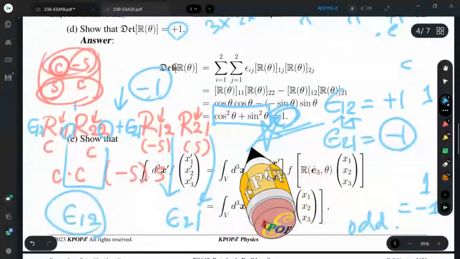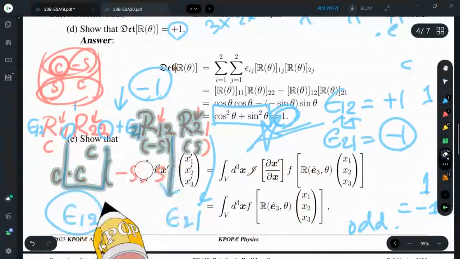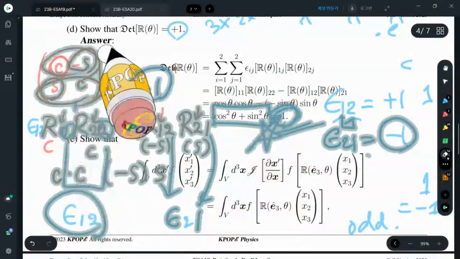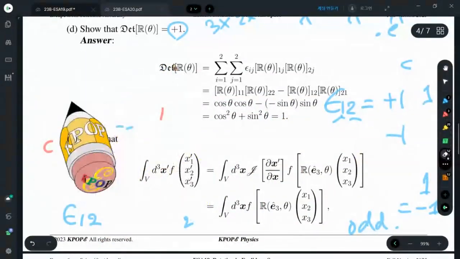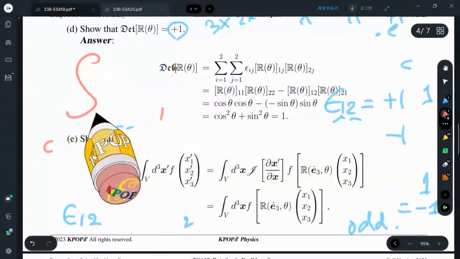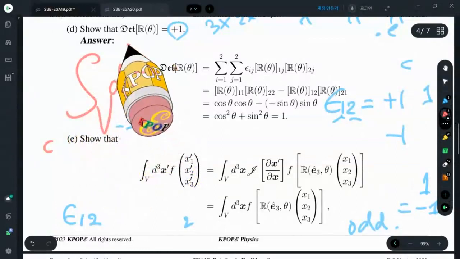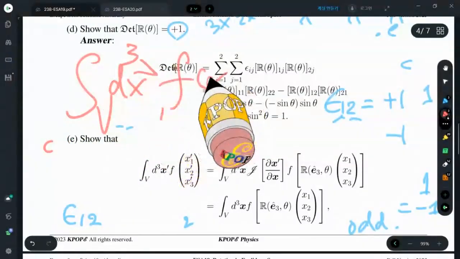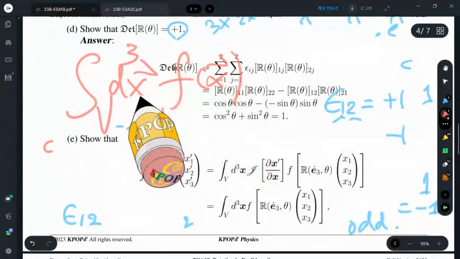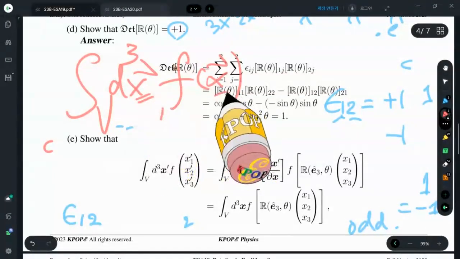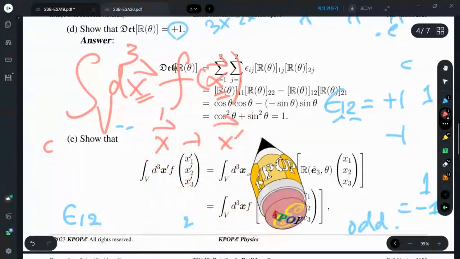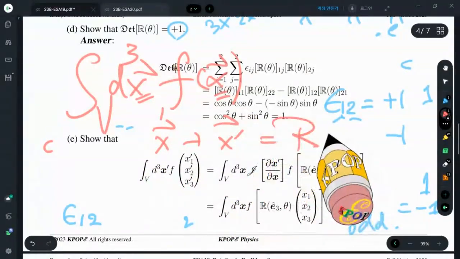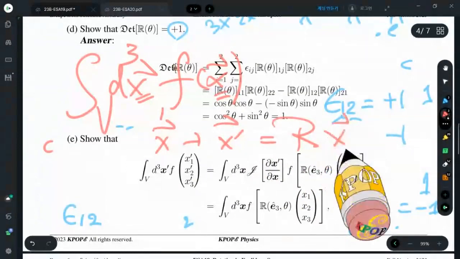This is very important because what I like to do is carry out an integration over space, integration over space of a function. I'd like to change the coordinate system from x to x prime, and x prime can be expressed as R times x.